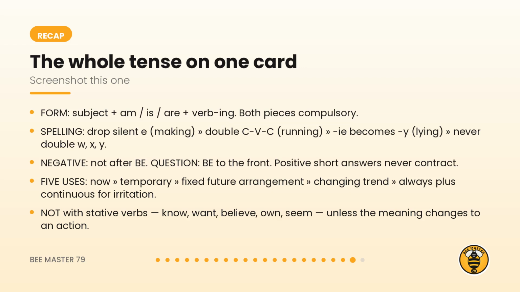And positive short answers never contract. 5 uses: happening now, temporary around now, a fixed future arrangement, a changing trend, and always plus continuous for irritation. And not with stative verbs unless the meaning genuinely changes into an action.